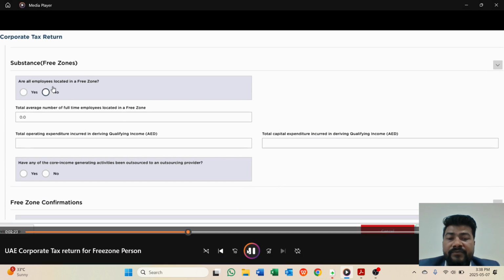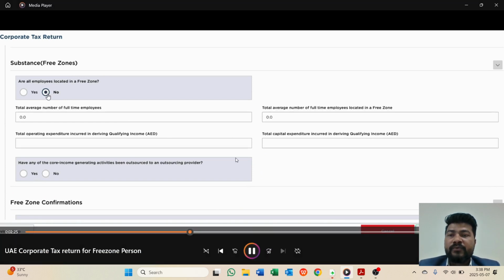Does your company meet the adequate substance in the UAE? For that, first question they will ask you is whether all the employees related to the company are in the free zone, yes or no. If you say no, in that case you have to put the average number of total employees in the company, and then out of the total how many employees are located in the free zone.